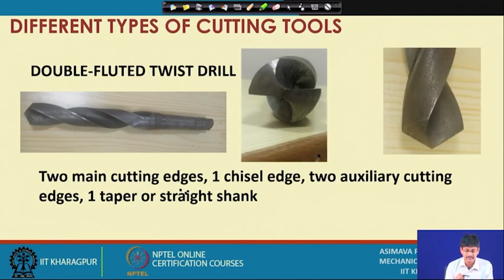In this one, this is the main body and this is the shank. The shank portion goes inside a tapered hole in the spindle which is generally rotating. Okay. So, this shank looks like this, slightly tapered with the bottom called the tang.